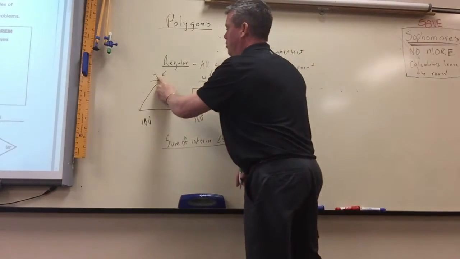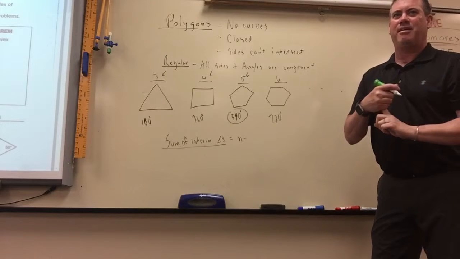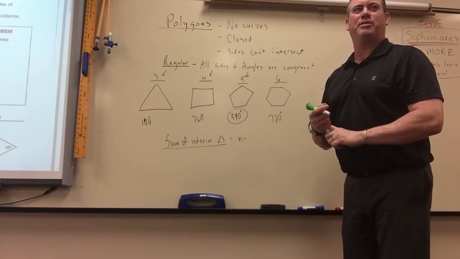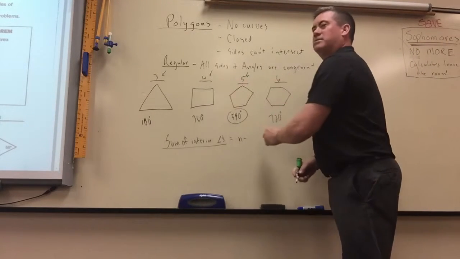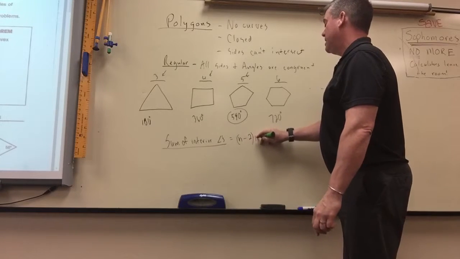What do I do to 3? And it has to do with 180. No one remembers the formula? N is the number of sides. Minus 2 times 180.